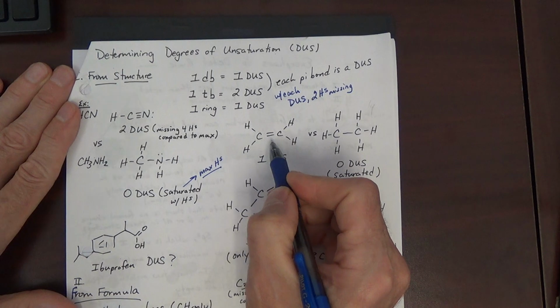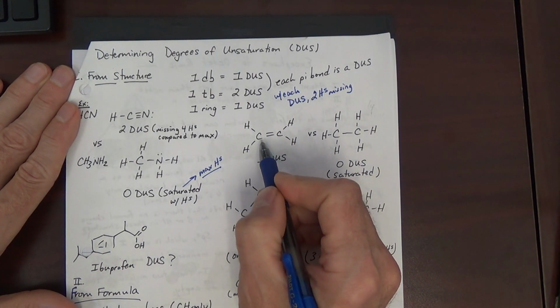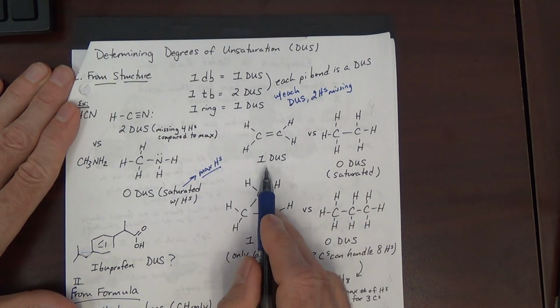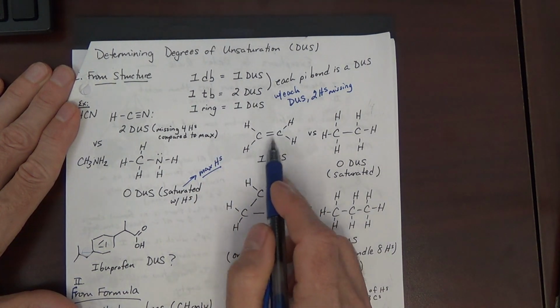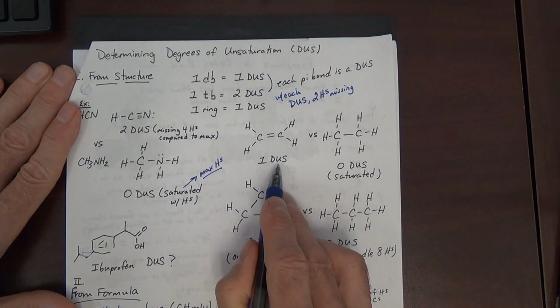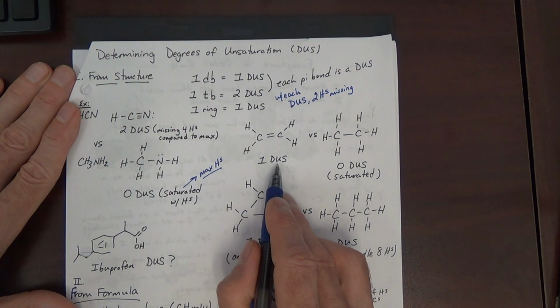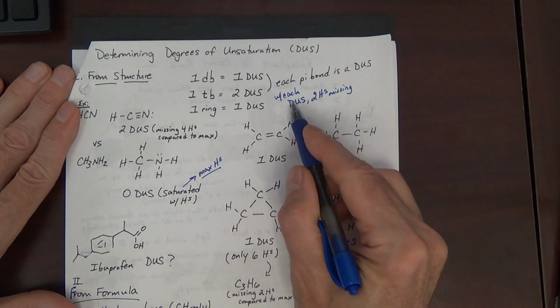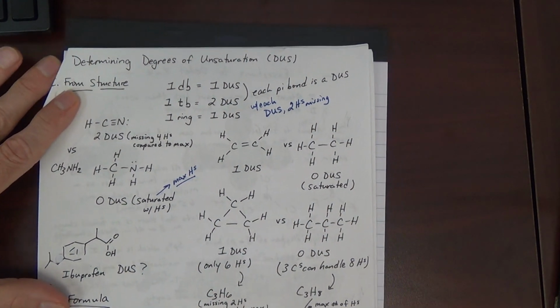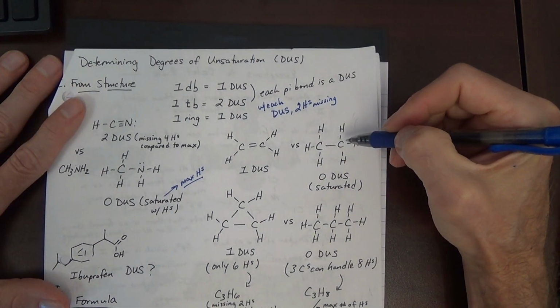This simple alkene has 1 double bond, and 1 double bond would be 1 DUS. There's no triple bonds and there's no rings. Since there's one DUS, how many H's are missing from max? Well, for every DUS, 2 H's are missing. There's 2 missing. We can see that by looking at this compound.